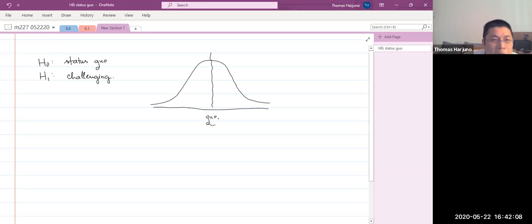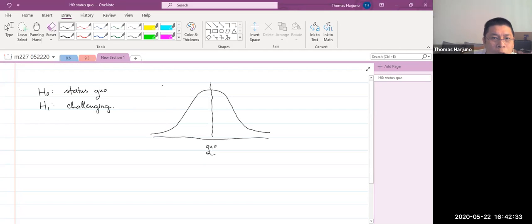Now, for us to say that this status quo is not right, or to be more precise, not supported, we need to come up with a sample that is significantly different from what the status quo says. Basically, you need to come up with a test statistic that is very, very far from the status quo, either left tail, right tail, or two tail, but very far.